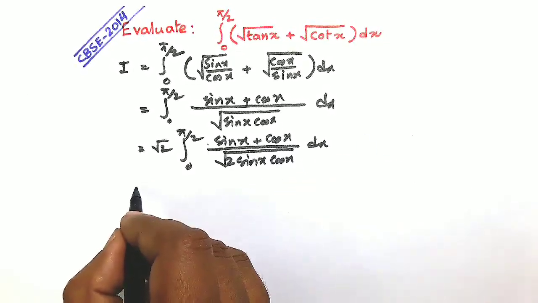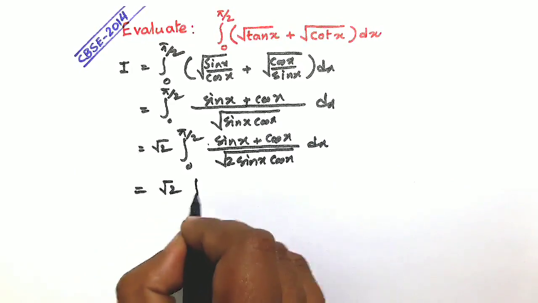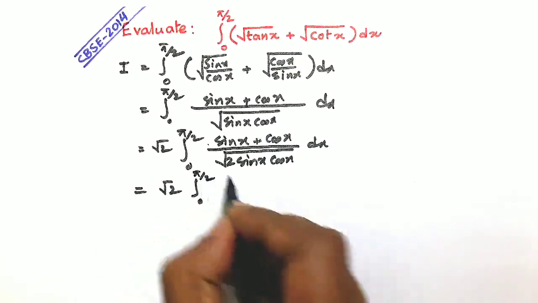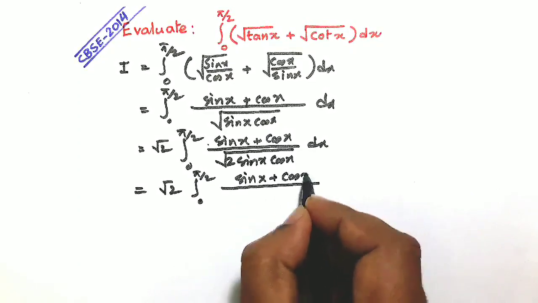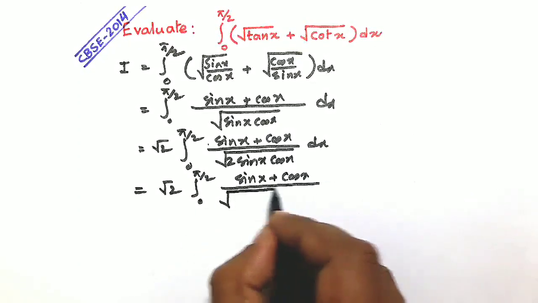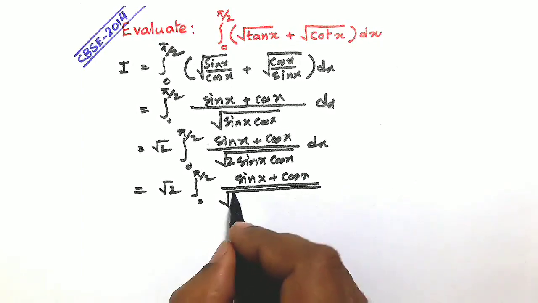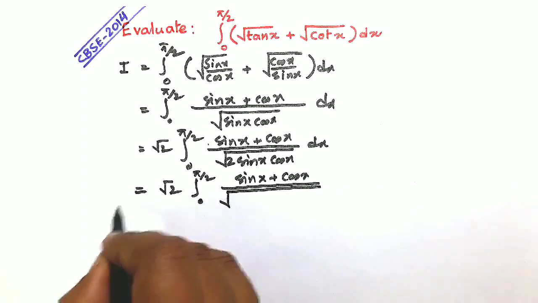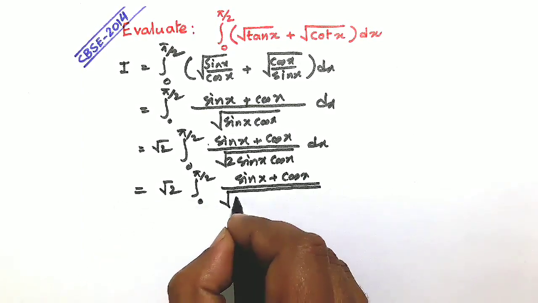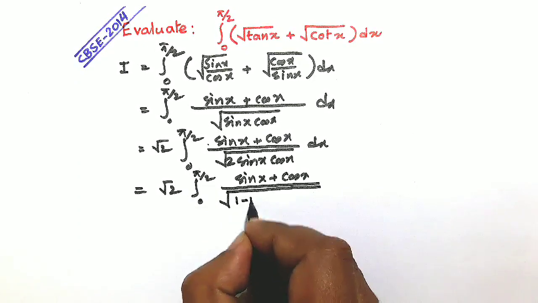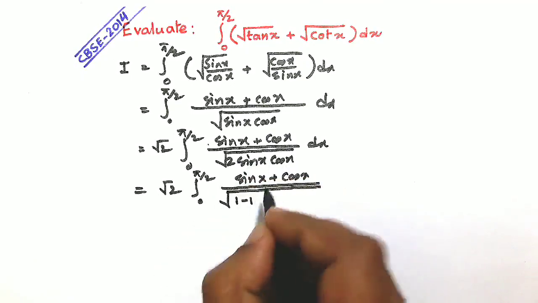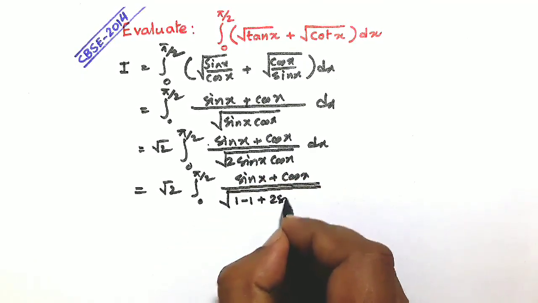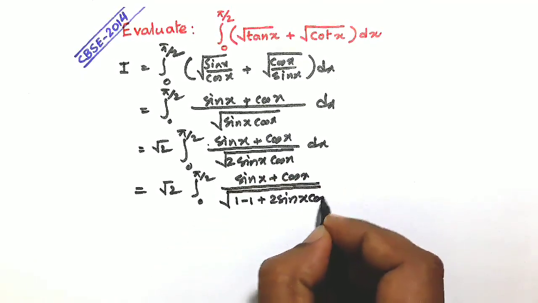This is equal to again root 2 integration 0 to pi upon 2 sin x plus cos x root over, we introduce another important step. Actually this is an important step. We introduce 1 plus 1 and minus 1. 1 minus 1 is equal to 0, and this part is as usual plus 2 sin x cos x.